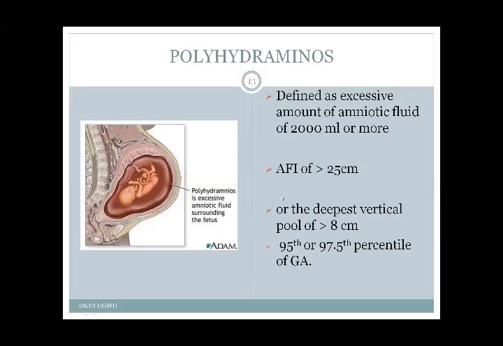Again, I would like to revise that the uterine cavity is divided into four quadrants arbitrarily, and the fluid in each quadrant is studied, which should be devoid of the umbilical cord and fetal parts. If it is more than 8 centimeters, it shows polyhydramnios.